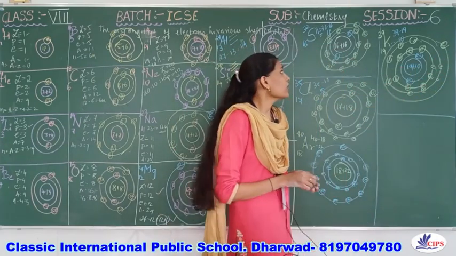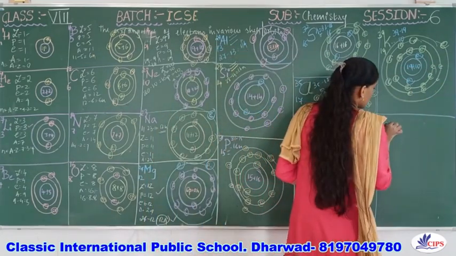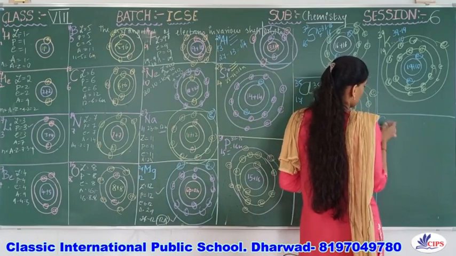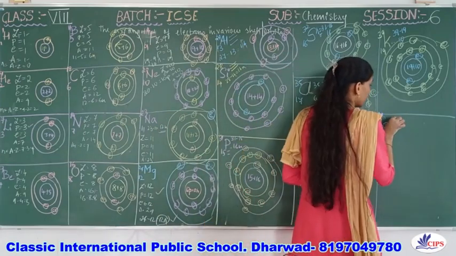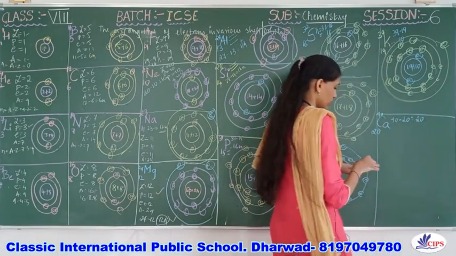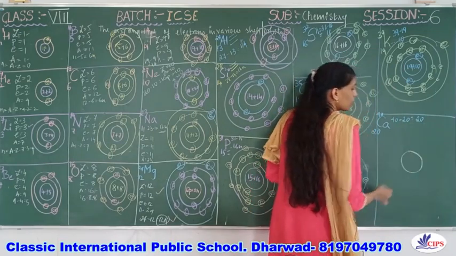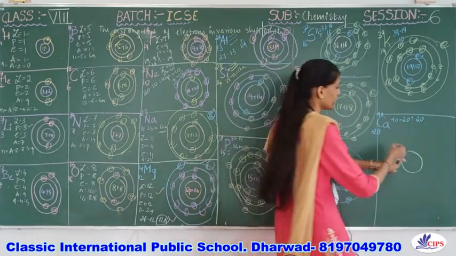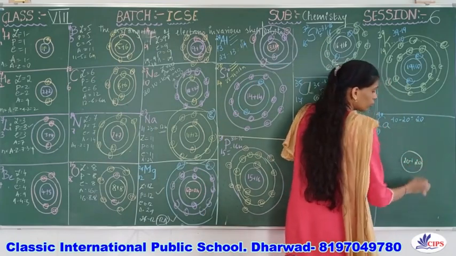Okay. Last one we have calcium. Ca, atomic number is 20, mass number is 40. 40 minus 20 is 20 neutrons. This means the nucleus has 20 protons and 20 neutrons.